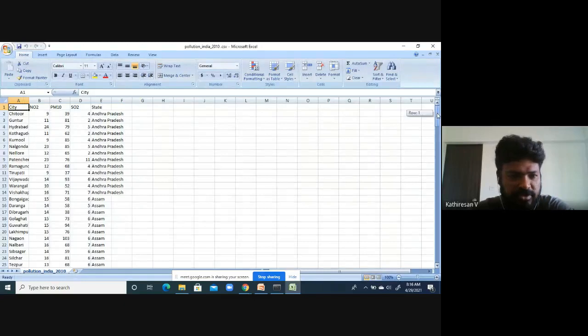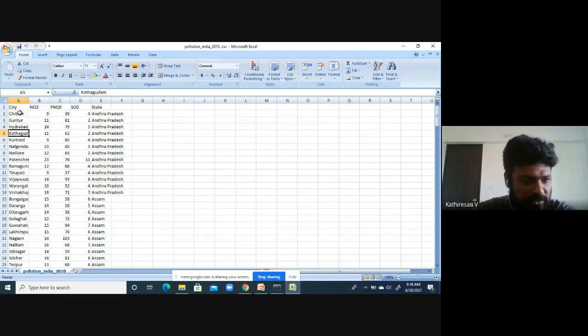The state-wise pollution data. This dataset has all the cities all over India, starting from Andhra Pradesh, Chittoor, Guntur, Hyderabad, Nellore. The pollution values for these states, NO2, nitrous oxide, sulfur oxide, are there.